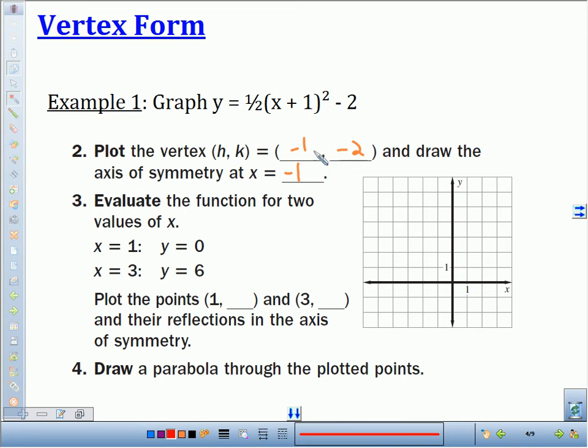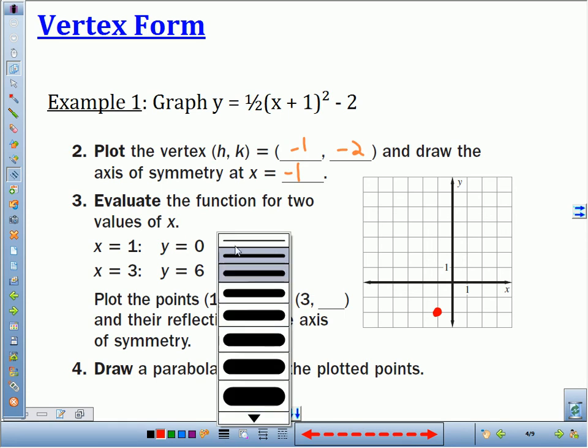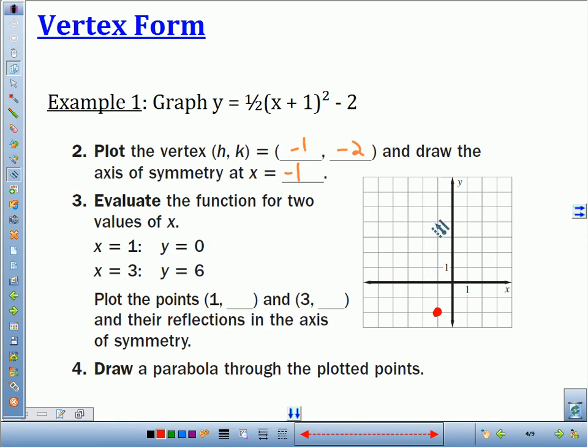My vertex is at (-1, -2), so that's over -1 and down 2. And there's my vertex. Now I want to graph my axis of symmetry. I'm going to thin this out a little bit. My axis of symmetry goes through the vertex, and the vertex is at x equals -1, so my axis of symmetry sits at x equals -1.